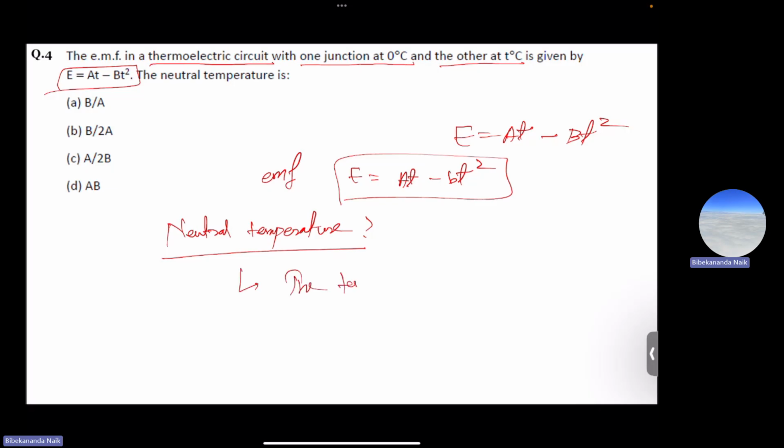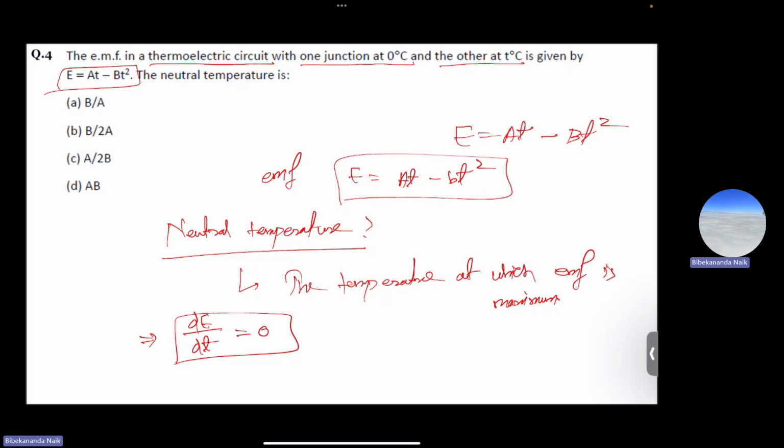So, what is neutral temperature? It is the temperature at which EMF is maximum. That implies dE by dT equals 0 at T equals Tn, that is the neutral temperature.